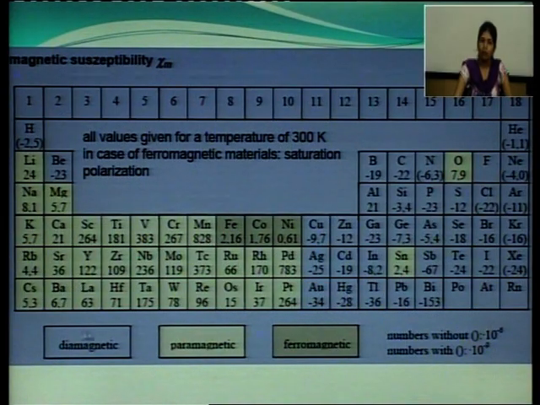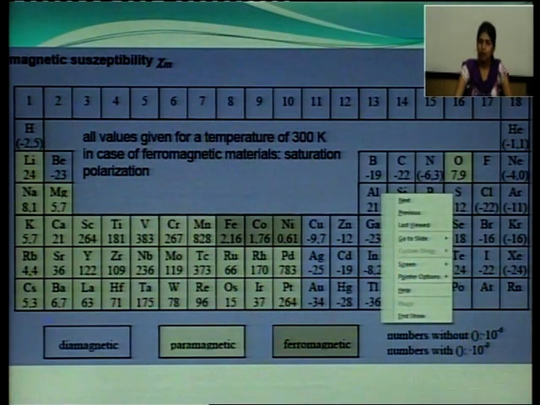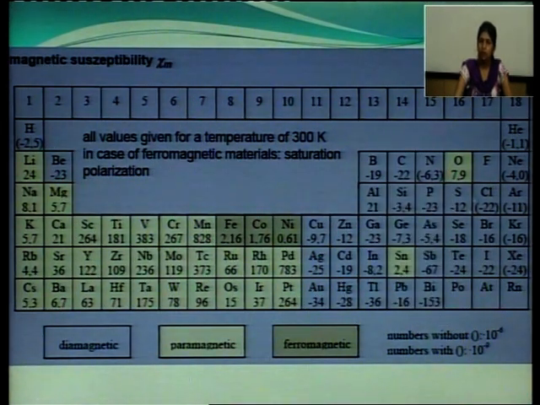Diamagnetic material is in the purple shade. All the non-metals except oxygen are the diamagnetic material, and all the metals except iron, cobalt and nickel are the paramagnetic material.